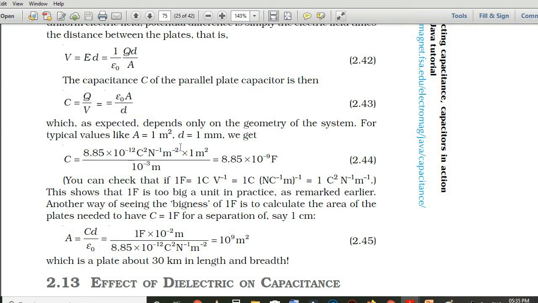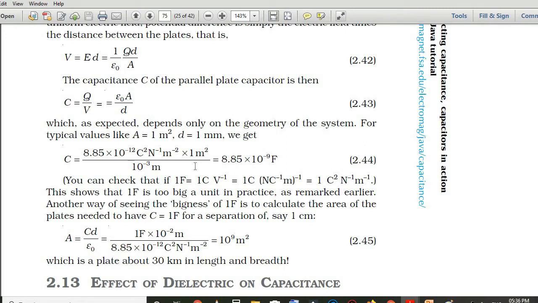See, here we have taken the area of the capacitor plate as 1 meter square. When will you get 1 meter square area? You need to take a metallic sheet of 1 meter length and 1 meter breadth. That is actually not practical. In reality, we cannot make such a capacitor.